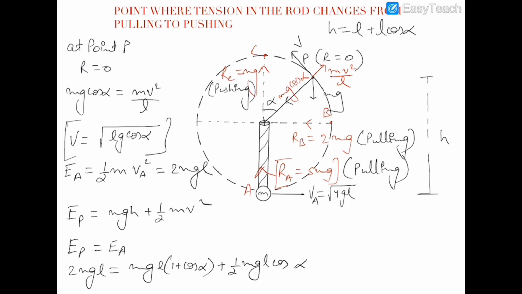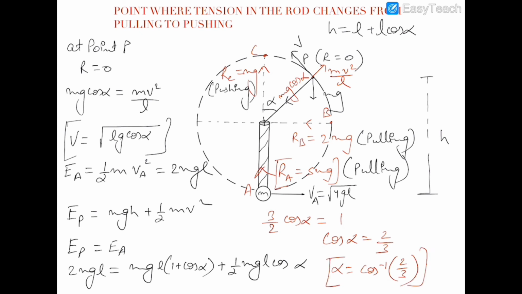So you can see that this is 3 by 2 mgL cos alpha. In fact, if I cancel out the mgL, then 3 by 2 cos alpha will be equal to 1, and cos alpha will be equal to 2 by 3, and alpha will be equal to cos inverse 2 by 3.